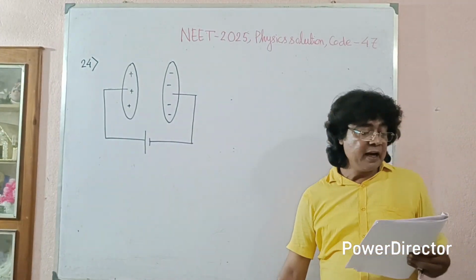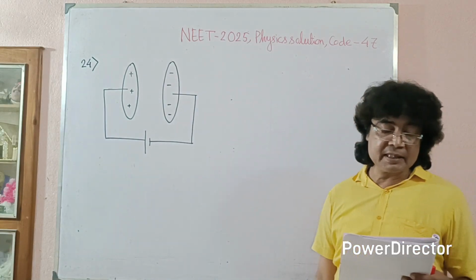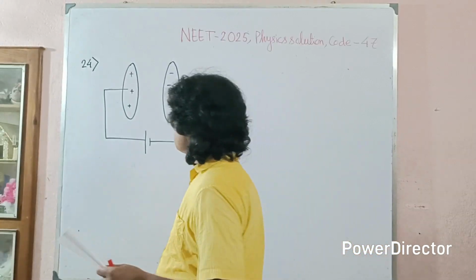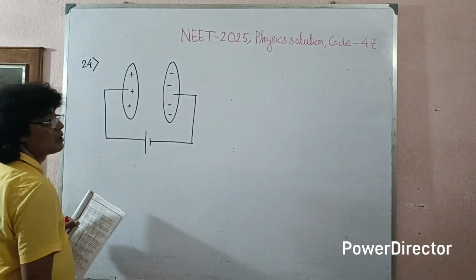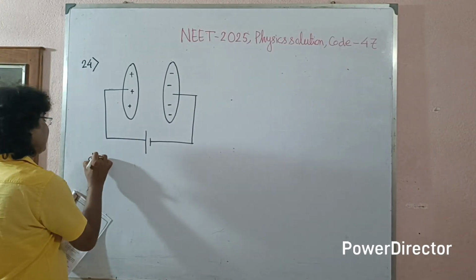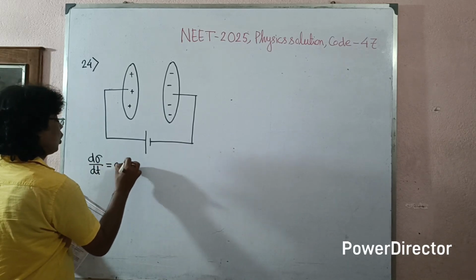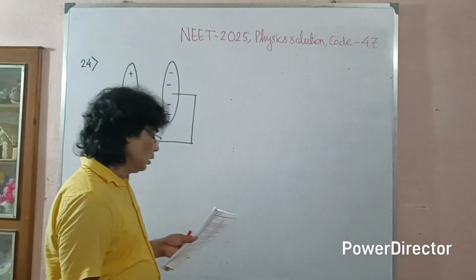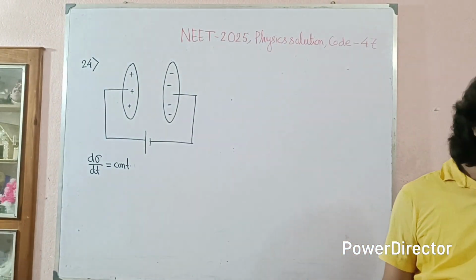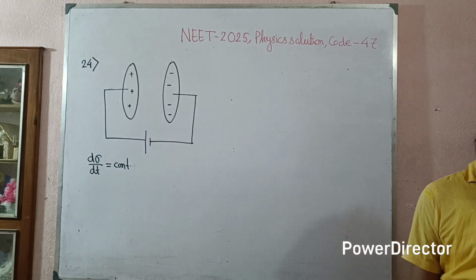Given that surface charge density on its plates is increasing at a constant rate with time. Suppose sigma is the surface charge density, then d sigma dt equal to constant. Now what we have to find out? We have to find out the magnetic field arising due to displacement current.